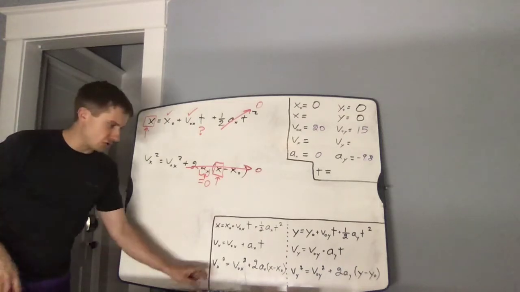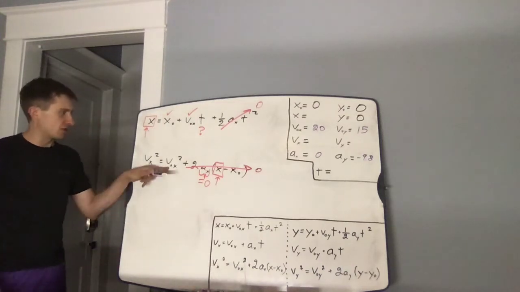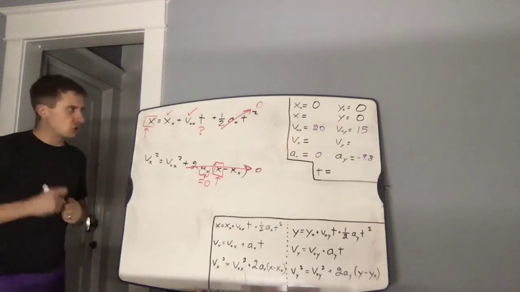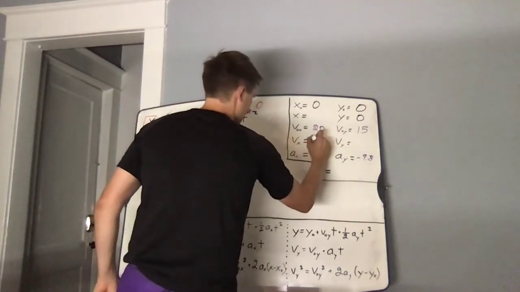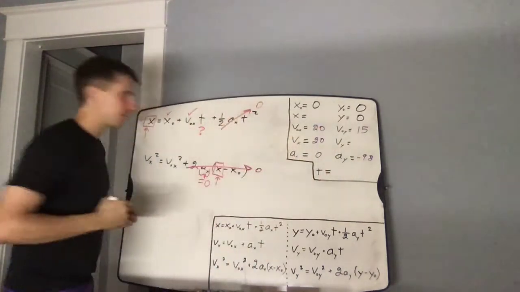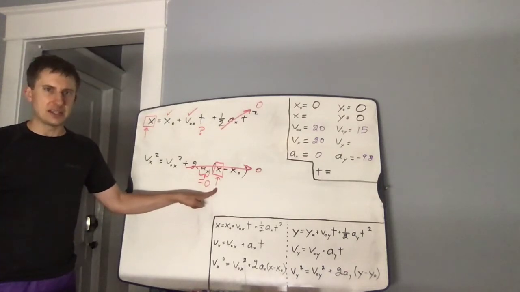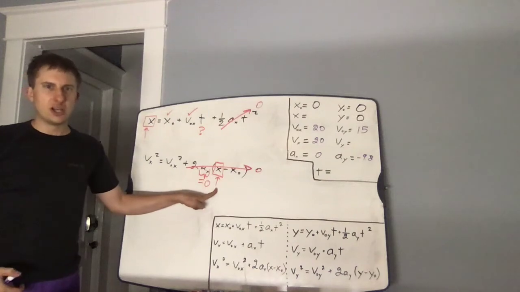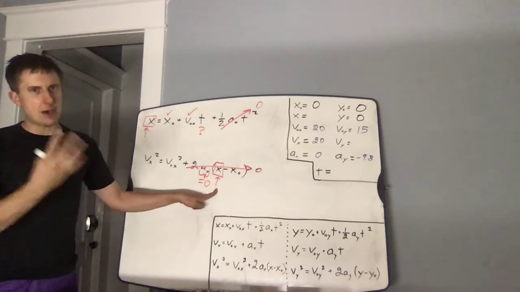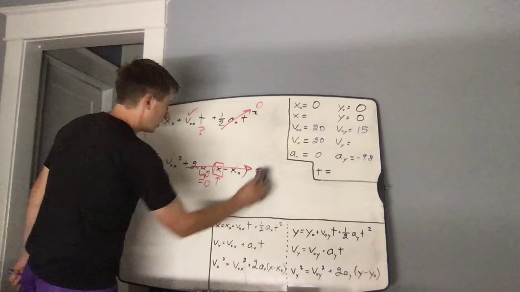Well, one thing I could do is, if vx initial is equal to vx final, I'll just write that here right now, so I don't need to do it later. But this equation will not help me find the final position of the ball. So we got something out of it, but not what we're looking for right now.